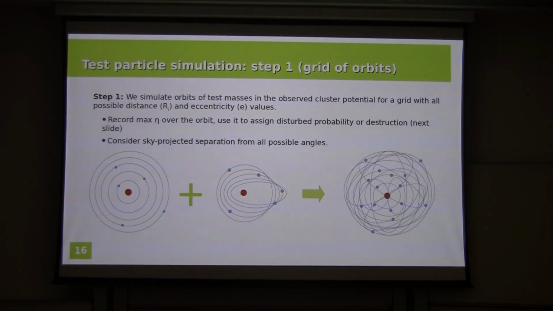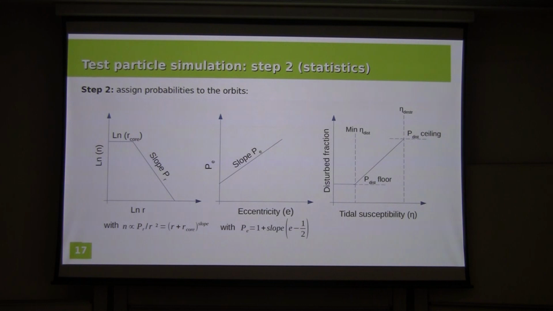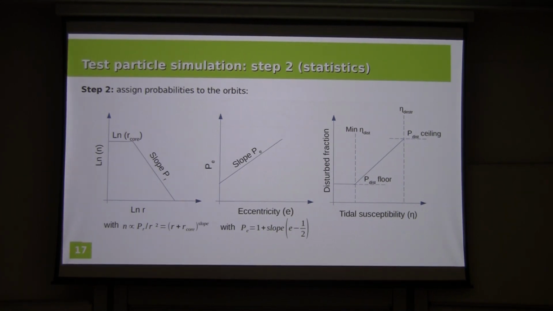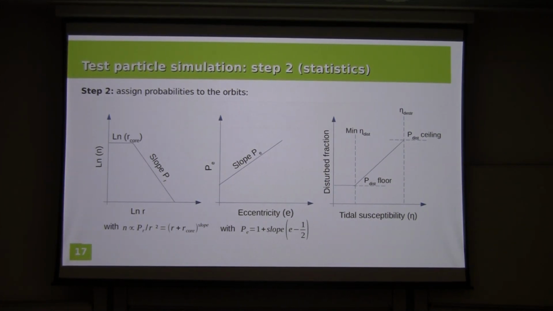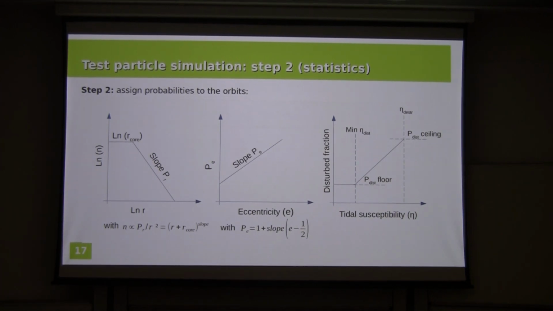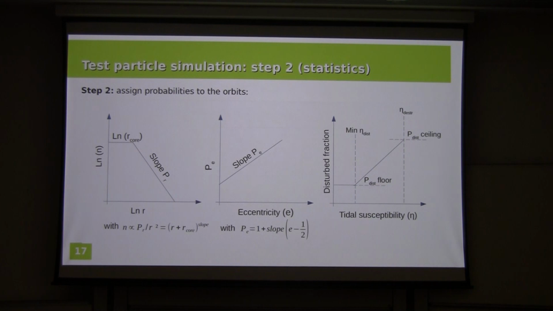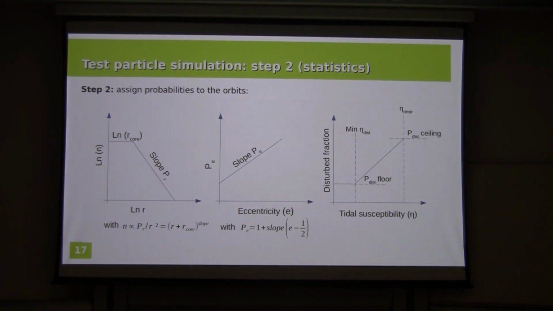Another thing about the simulation is that we would like it to look as similar as possible to our Fornax dwarf system. To do so, we assigned probabilities to each of these orbits in terms of their radius or distance to the center and their eccentricity, and we also assigned a probability to each of these orbits, or dwarfs in the orbits, to be classified as disturbed in terms of their tidal susceptibility values.